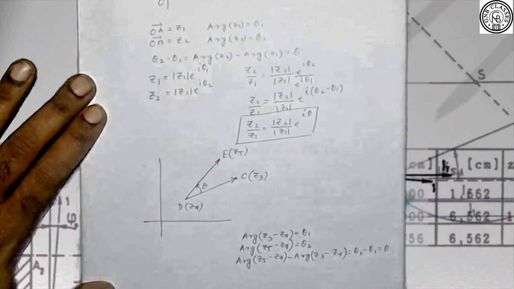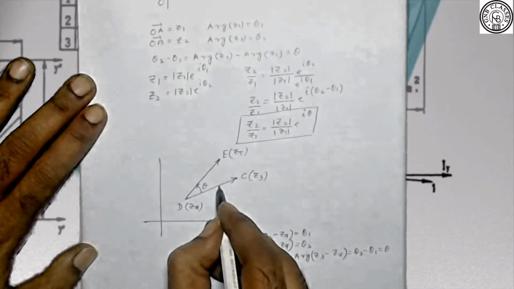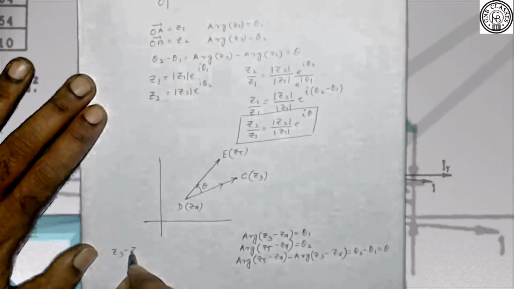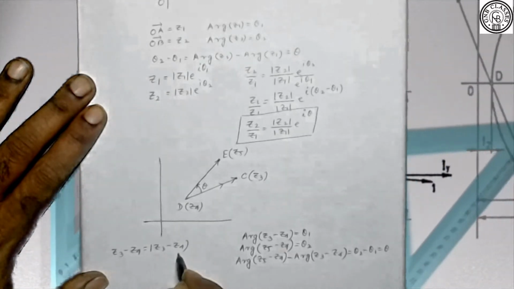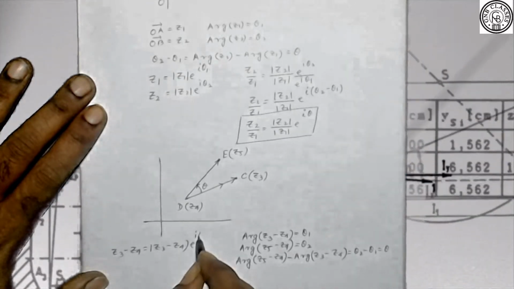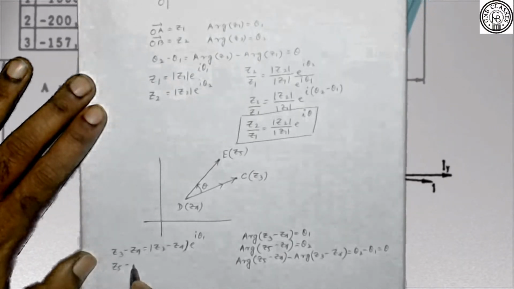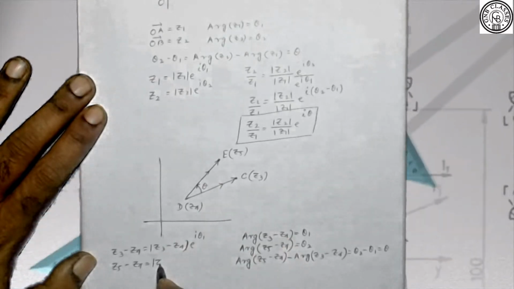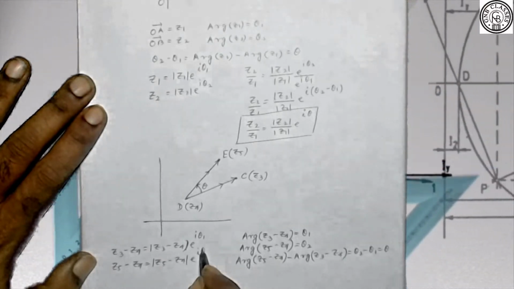Now here also, if I apply Euler's form, then for this vector we can write Z3 minus Z4 is modulus of Z3 minus Z4 e to the power iota θ1, and Z5 minus Z4, this vector, is modulus of Z5 minus Z4 e to the power iota θ2.